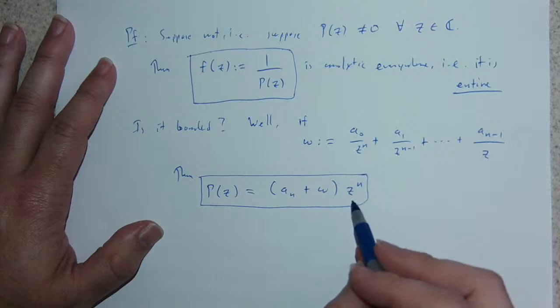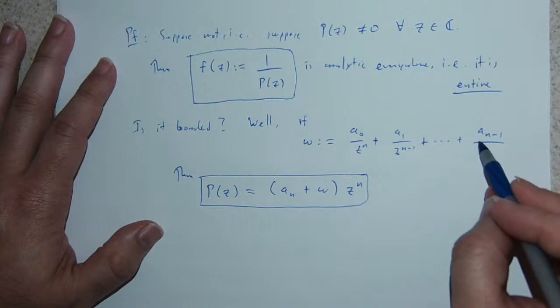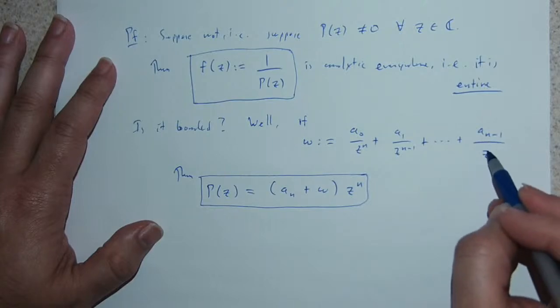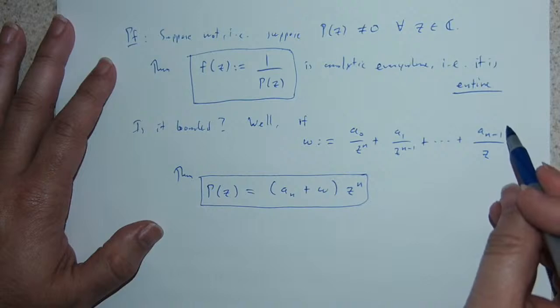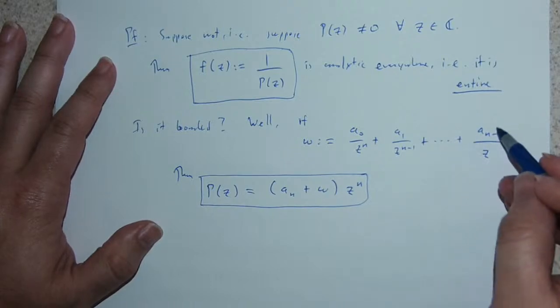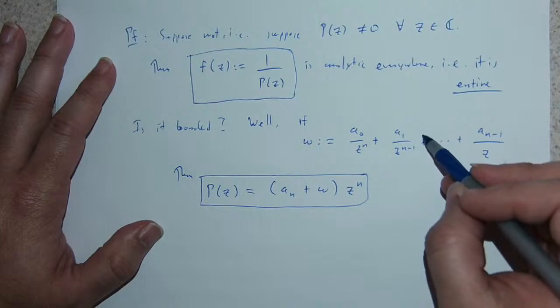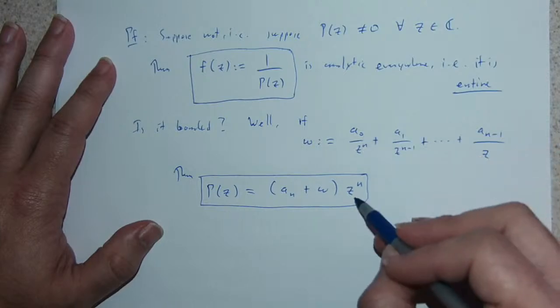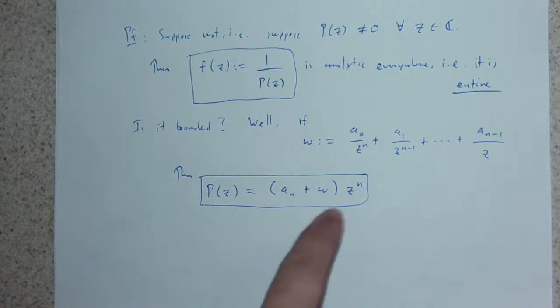If I multiply that by z to the n, I would get a sub n times z to the n plus a sub n minus 1 times z to the n minus 1 plus a sub n minus 2 times z to the n minus 2, all the way down to a sub 1 times z and a naught times 1. Right? So this is just some algebraic trickery to do this.